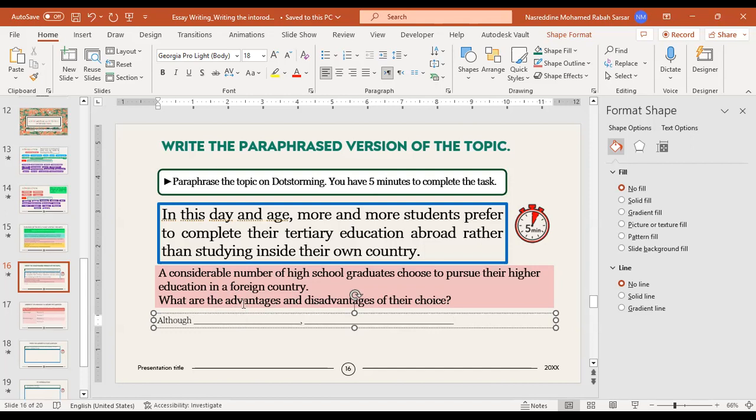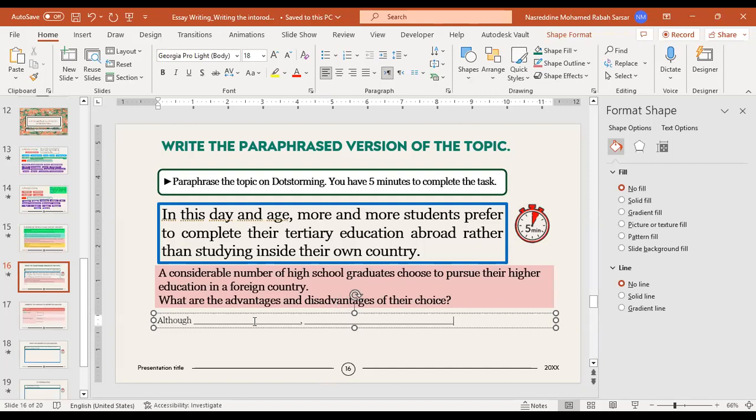These are life skills that you need to acquire. The disadvantages could be feeling homesick and facing isolation, or maybe the high cost of studying abroad. It might be very expensive, and you may feel homesick.